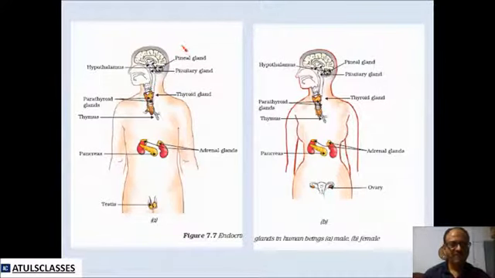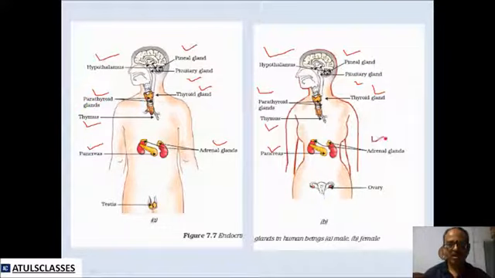Now you can see the pineal gland, hypothalamus, pituitary, thyroid, parathyroid, thymus, pancreas, adrenals, and the different one: in males it is the testis, and in females it is the ovary.